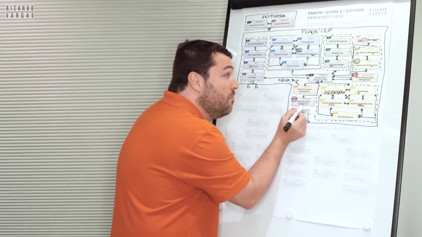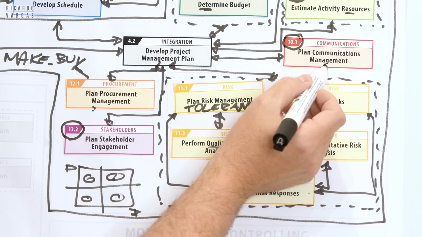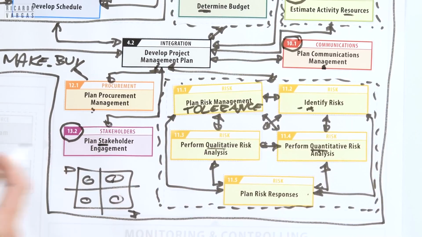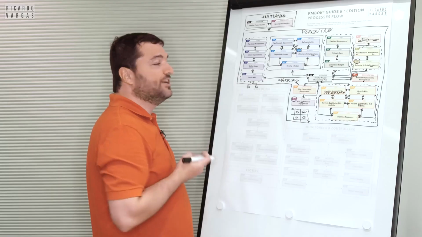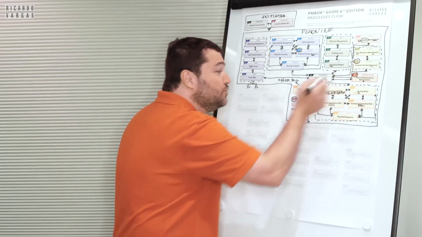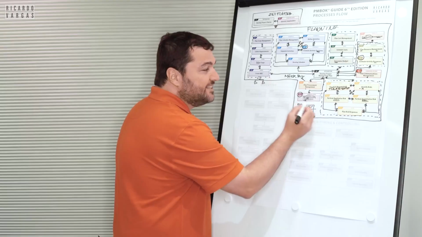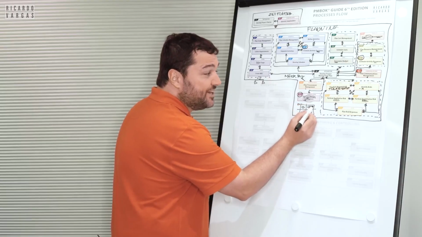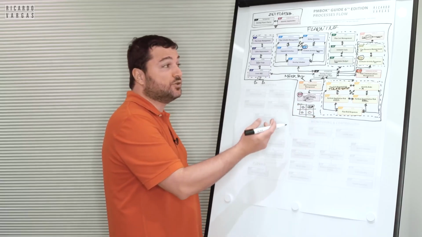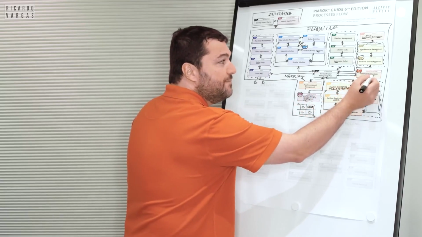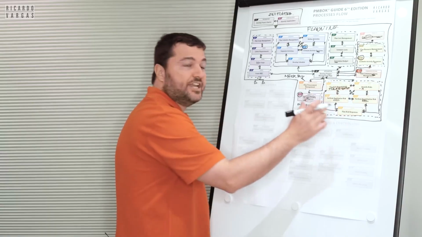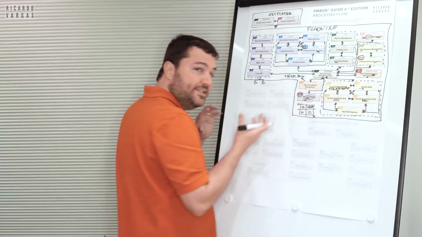Because most of the communication will be exactly to reinforce stakeholder engagement. So I need to do this together. For example, let's suppose that you have a stakeholder here that needs some kind of special communication. Then you come here and you create this communication. So this is why they are twins and they work together.